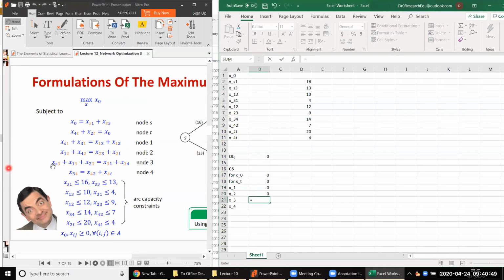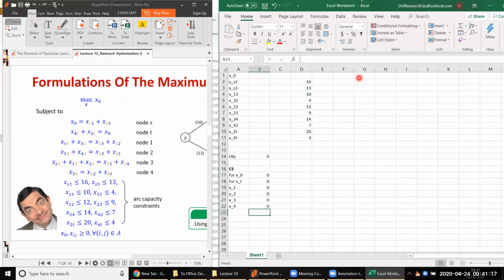And for x3, I should have xs3 plus x13 plus x23 minus x31 minus x34 equal to 0. And the last one is x34 minus x42 minus x4t equal to 0. Okay, great.